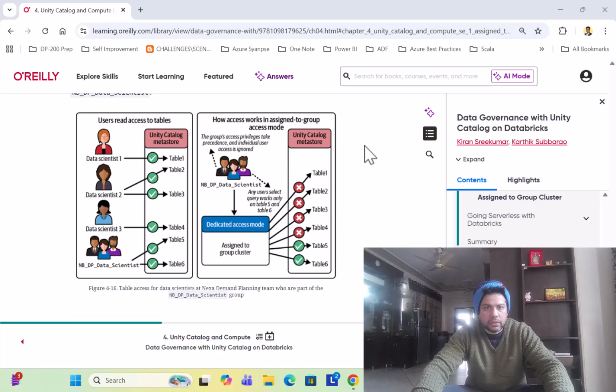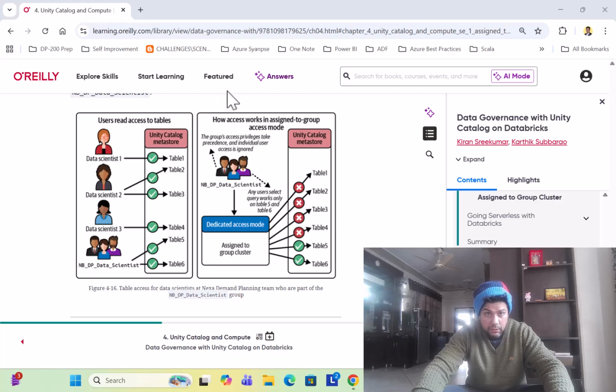As we know, there are two types of modes in compute when it comes to Unity Catalog. One is the dedicated mode where only a single user is allowed access, and the other one is the shared mode where multiple users can run their processes inside a compute.